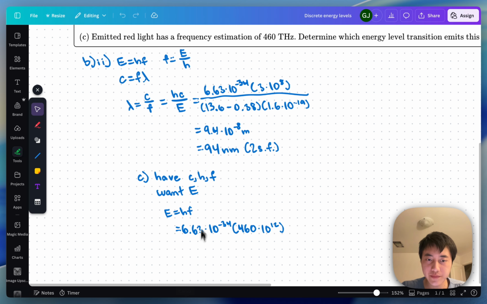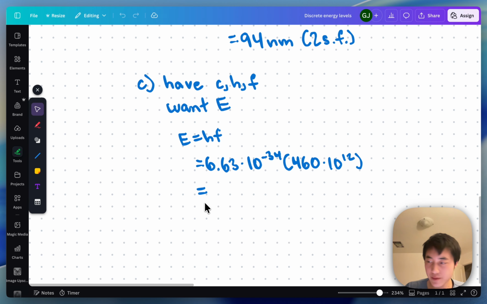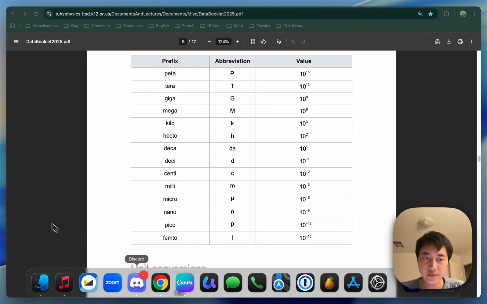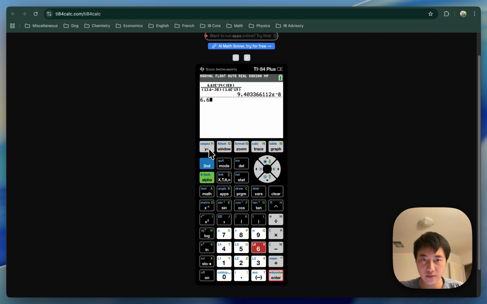Now we'll get the energy in joules, so we need to convert it. 3.055 times 10 to the negative 19 joules.